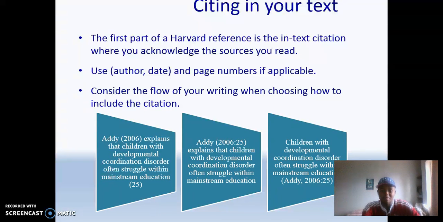In the second one, we have AD, the author, 2006, the date, and the page number, included in the same line. And again, we have the last one, where you include the author, the date, and the page right at the bottom there. So there are different ways of in-text referencing your work.